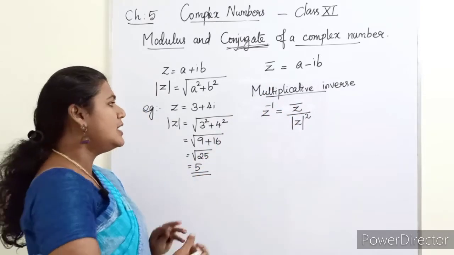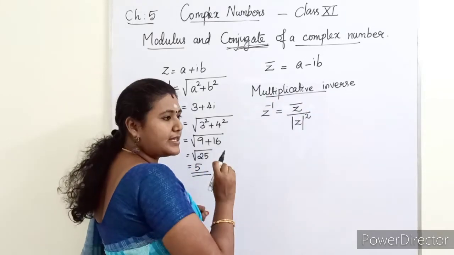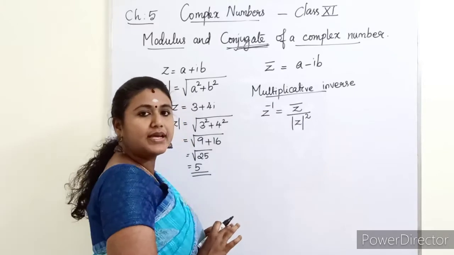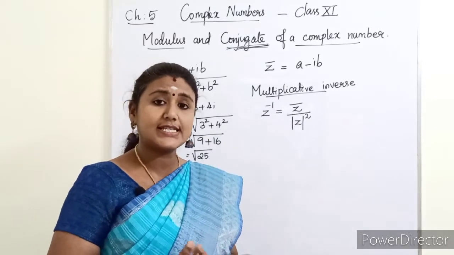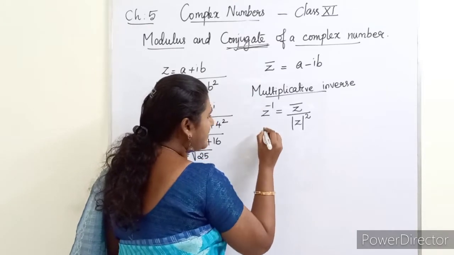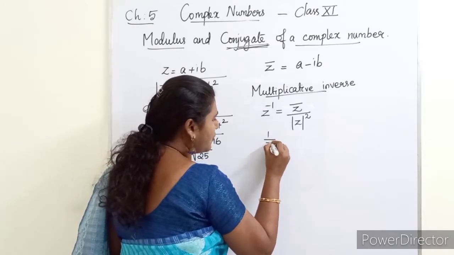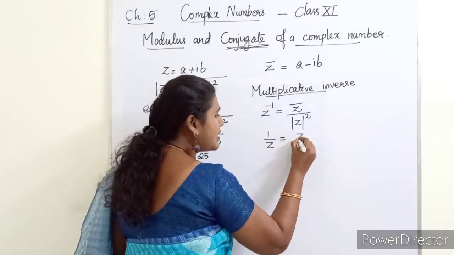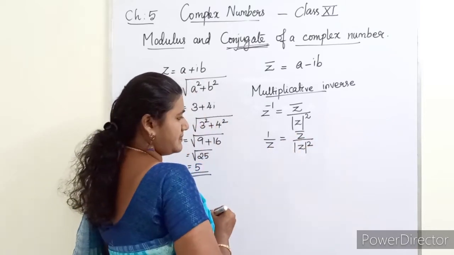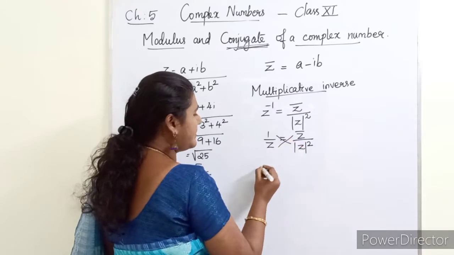From this we can derive another important result: z inverse, that is the multiplicative inverse, is nothing but the reciprocal of the complex number. So z power minus 1, we can write as 1 by z, is equal to z bar divided by mod z the whole square. Now we will cross multiply.